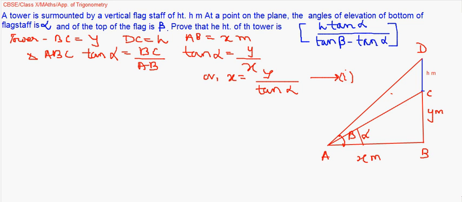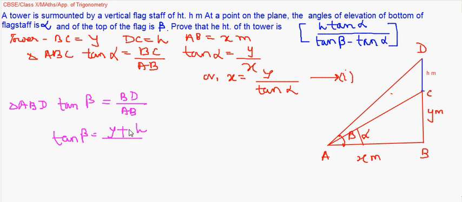Now I move on to considering the second triangle, that is ABD. So in triangle ABD, tan beta is BD perpendicular by AB. BD can be represented as h plus y or y plus h.